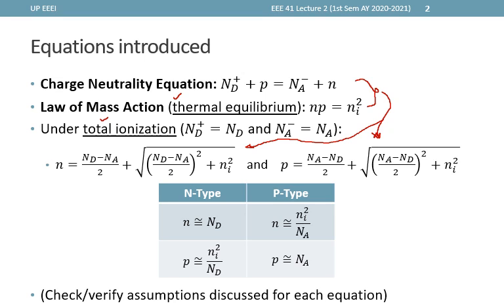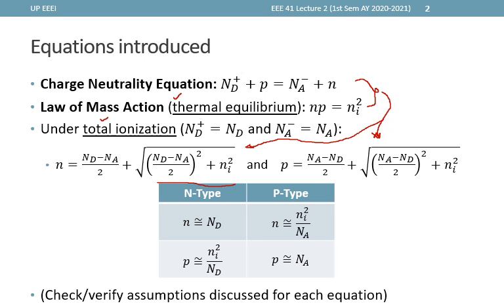Now, under usual conditions for n-type, we have n is approximately Nd, and by law of mass action, p is approximately ni squared over n. But since n is already approximately Nd, then p is just approximately ni squared over Nd.